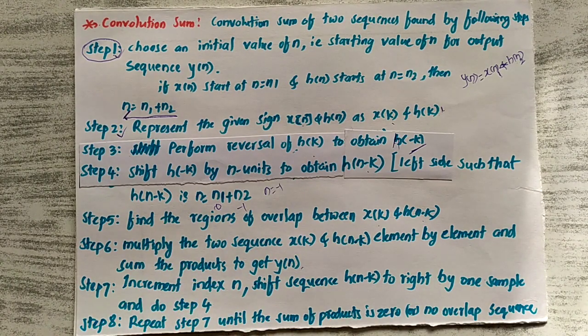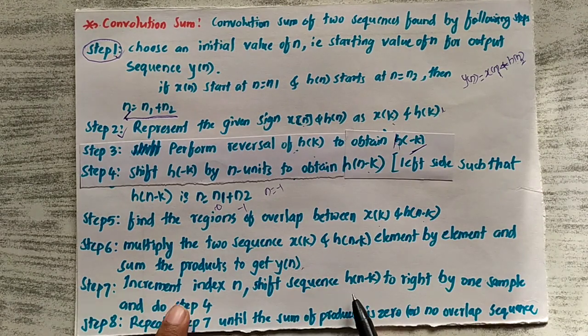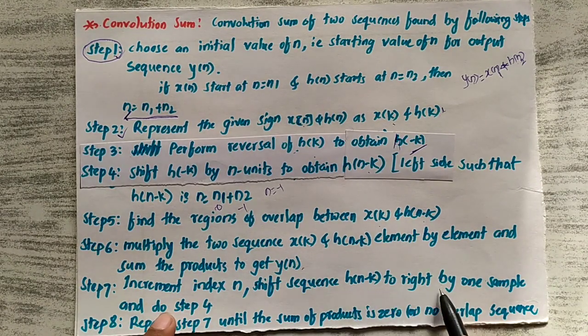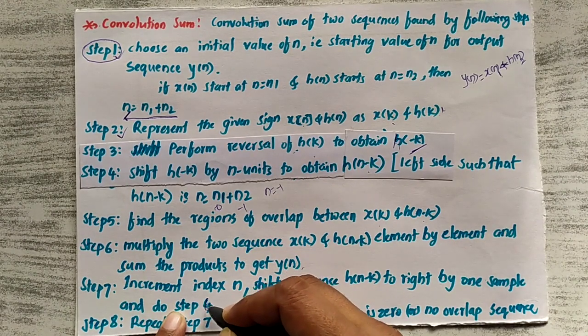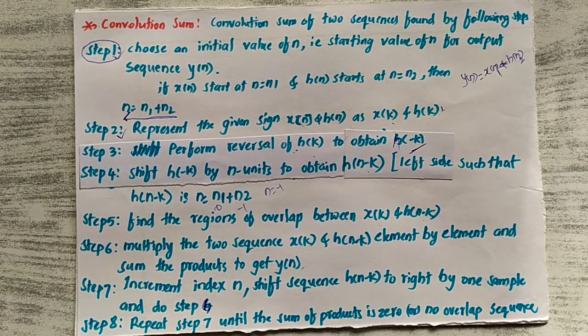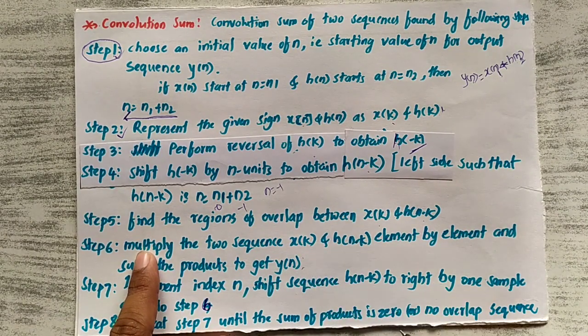Then repeat step 7. Step 7 says increment the index n, shift the sequence h of n minus k to the right by one sample, and do step 6. Step 8 says repeat step 7 until the sum of products, that is the step 6 output y of n, is 0.